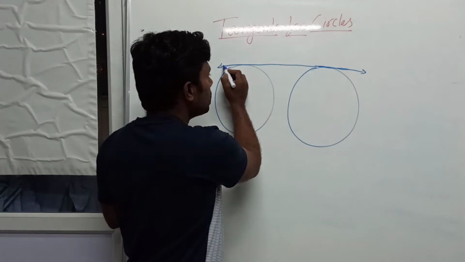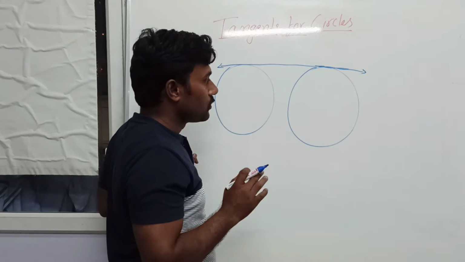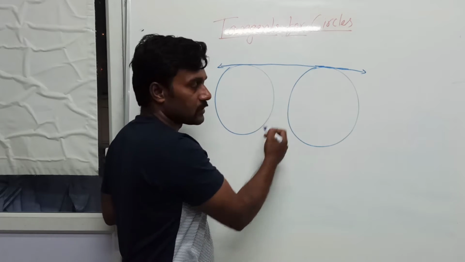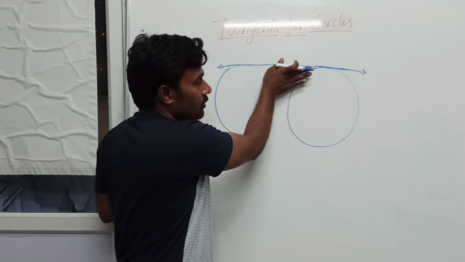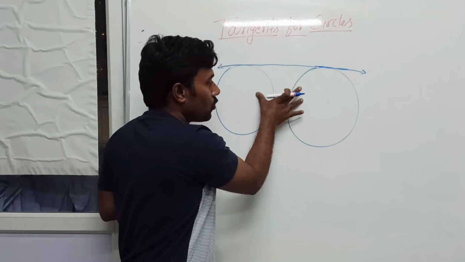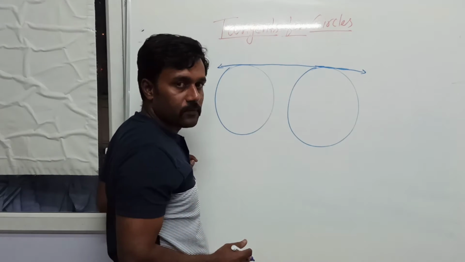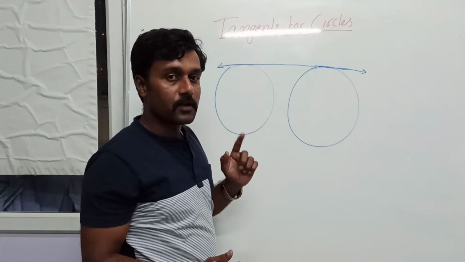So here, this is called a direct common tangent, since this tangent touches the circles on one side of it. See here, only down. So on this side only, both the circles touch. But one more type of tangent is called the transverse common tangent.